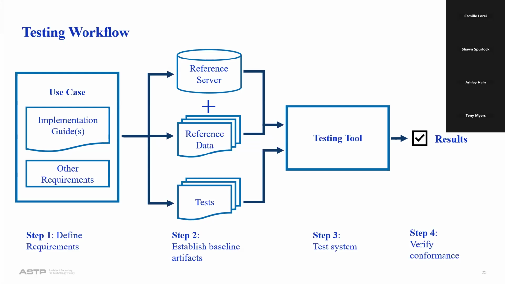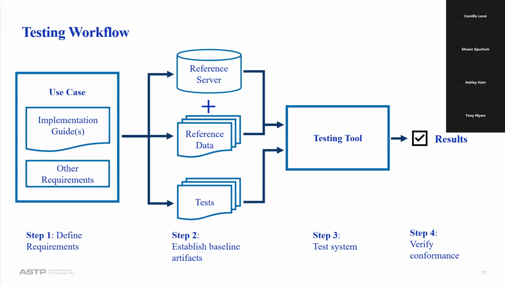And then moving on to step three here, a system under test can use a test tool like Inferno to verify conformance to those set requirements using the available tests. And while testing tools may not cover every possible test case, they may test common pathways and scenarios to provide a general idea of a system's conformance to the set requirements.